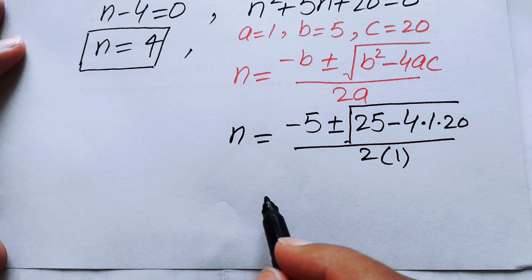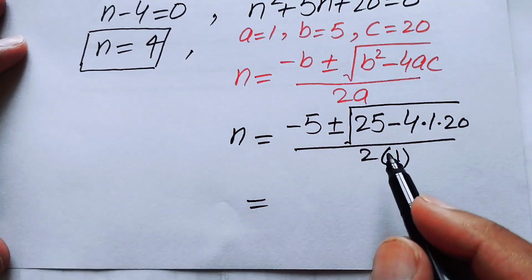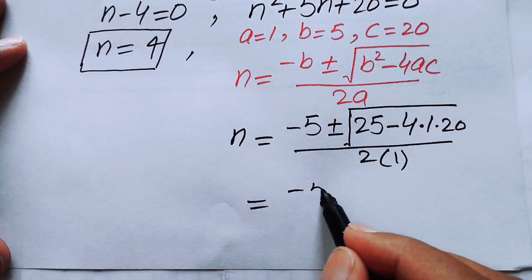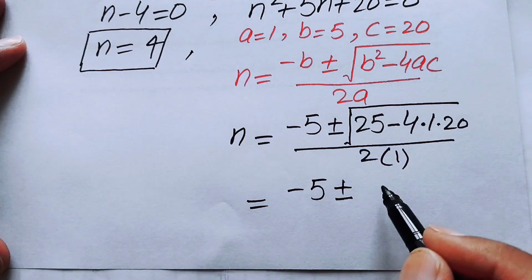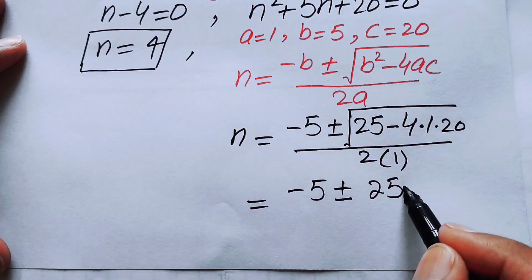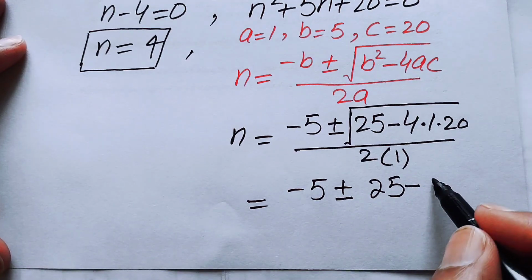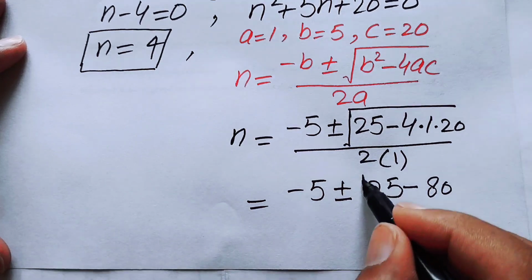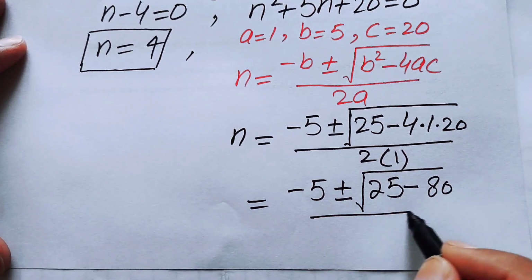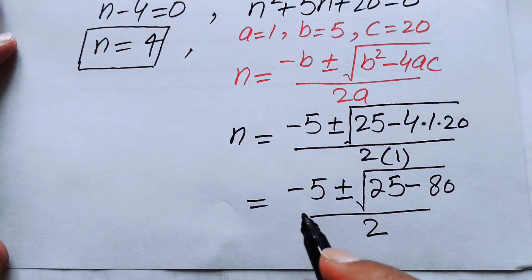And now in the next step we can simplify the terms, and you get minus 5 plus minus square root of 25 minus 4 twenties are 80, over 2 times a is 2.